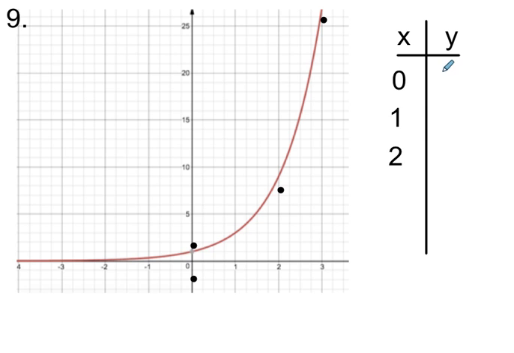So when x is 0, y is 1. When x is 1, y is 1, 2, 3. 3. And when x is 2, y is 9. And when x is 3, it looks like we're going up 5, 10, 15, 20, 25, 27.